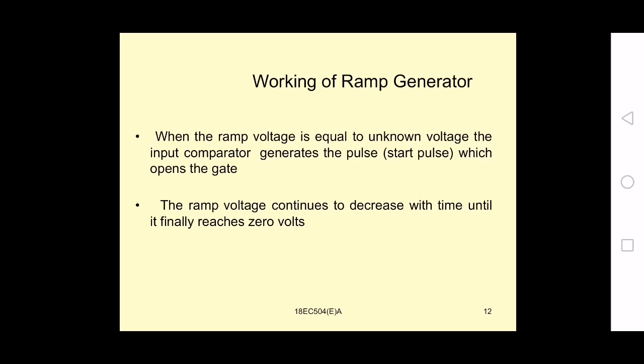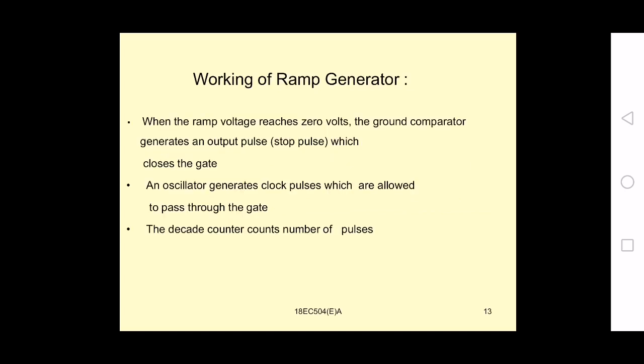When the ramp voltage reaches 0 volts, what happens? The ground comparator generates the output pulse, that is the stop pulse, which closes the gate. So the start pulse opens the gate, and the stop pulse closes the gate.